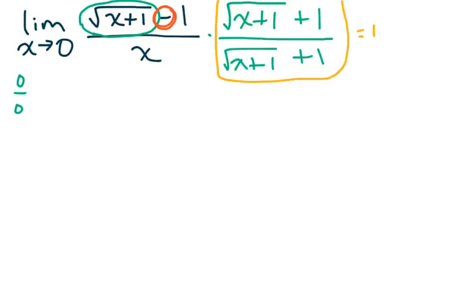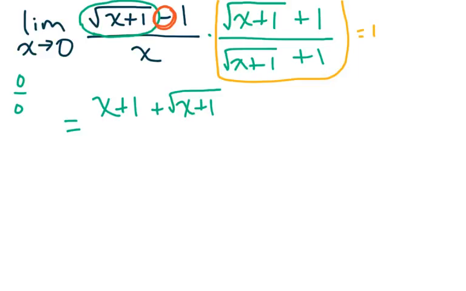Now, this looks pretty complicated, but it's really not as bad as it looks. All we have to do is a little FOIL on top. Square root of x plus 1 times square root of x plus 1, the square roots cancel, and I just get x plus 1. Then square root of x plus 1 times positive 1 gives me plus square root of x plus 1.